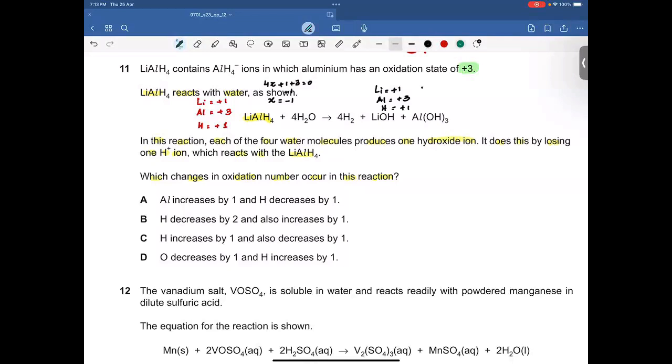The charge of oxygen in water is going to be -2. And the charge of oxygen here is also -2. Over here, hydrogen is 0.